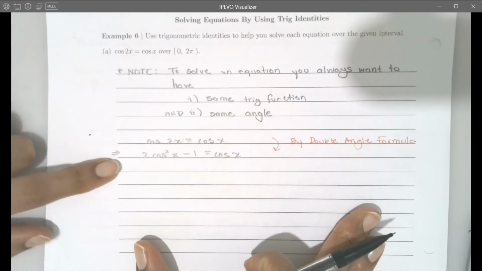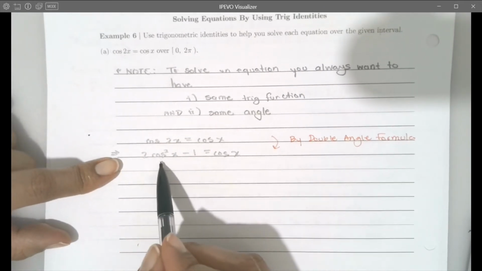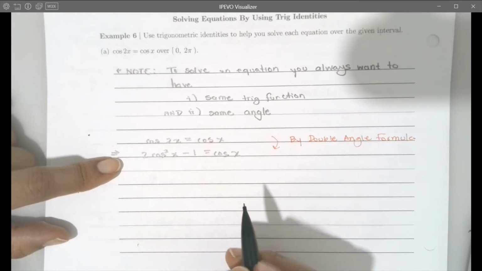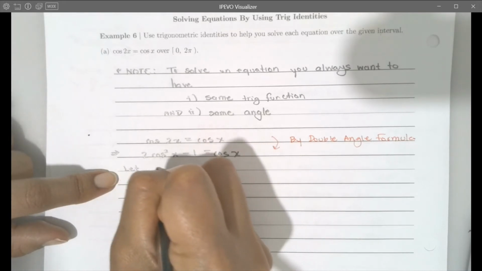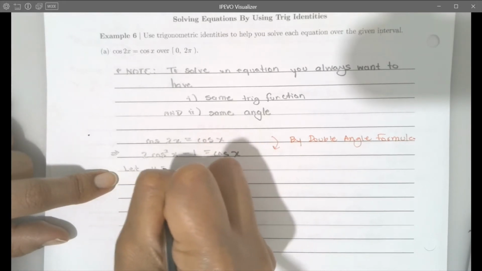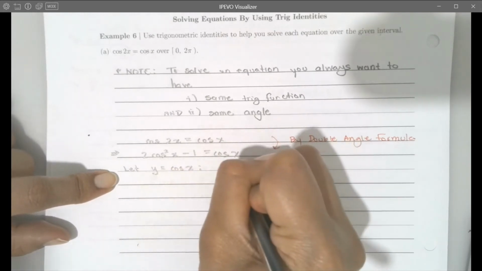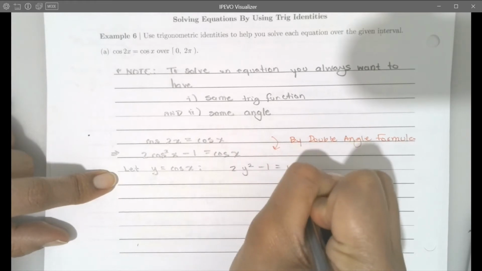Okay, so now that we have it in this form, notice this is a quadratic equation because we do have the square of a trig function. In fact, if it's easier to help you with the algebra to just see variables, we can let y be equal to cosine x. And in that case, we're going to get 2y squared minus 1 is equal to y.